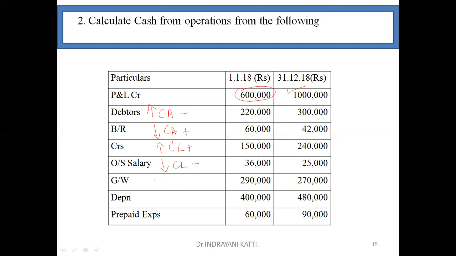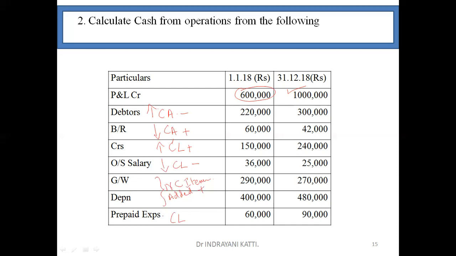So goodwill and depreciation, these two are non-cash items, which are added. So that's why these two are added. Take the difference of these two and add it to the closing net profit. And the last item is prepaid expenses, a current liability which is increased.